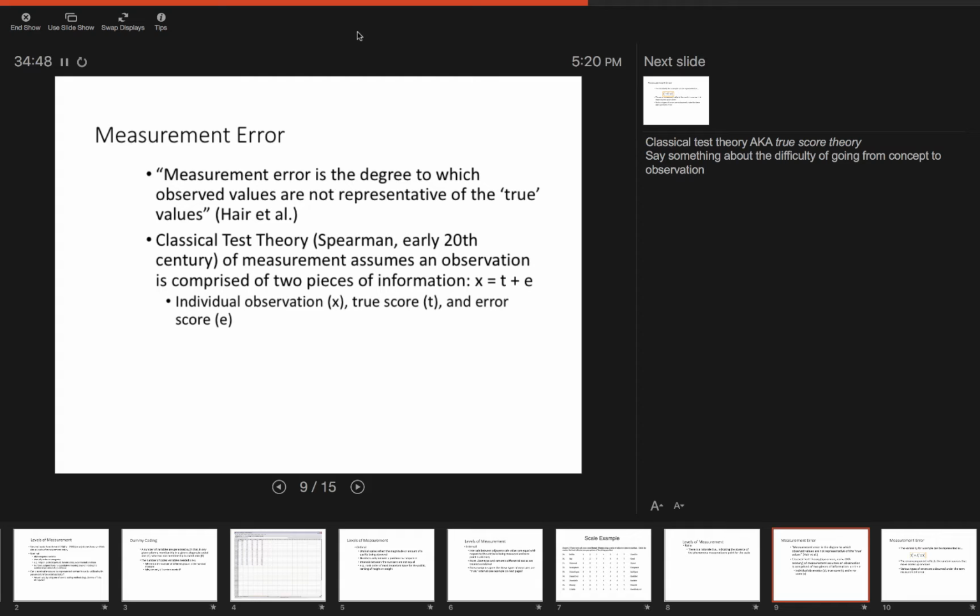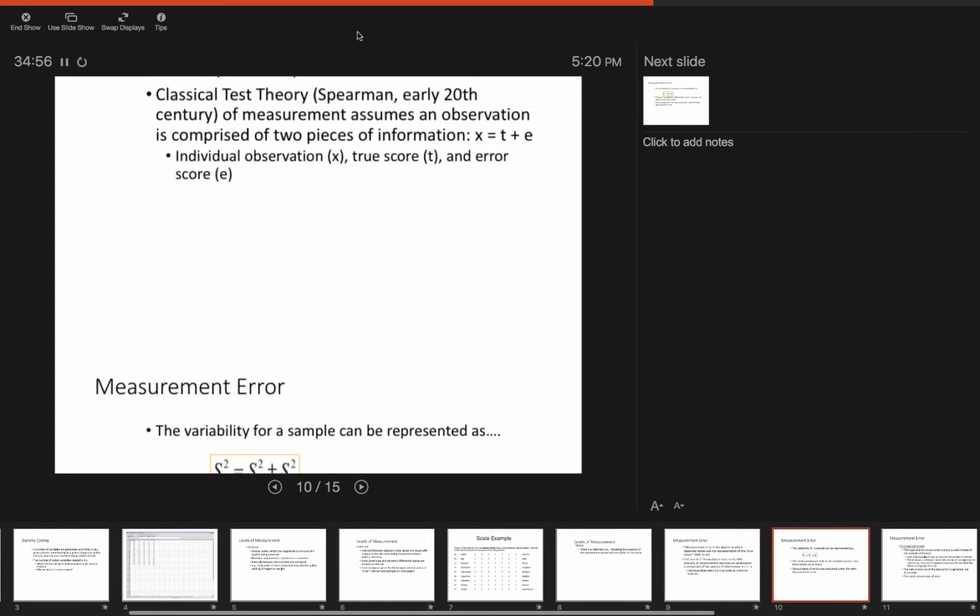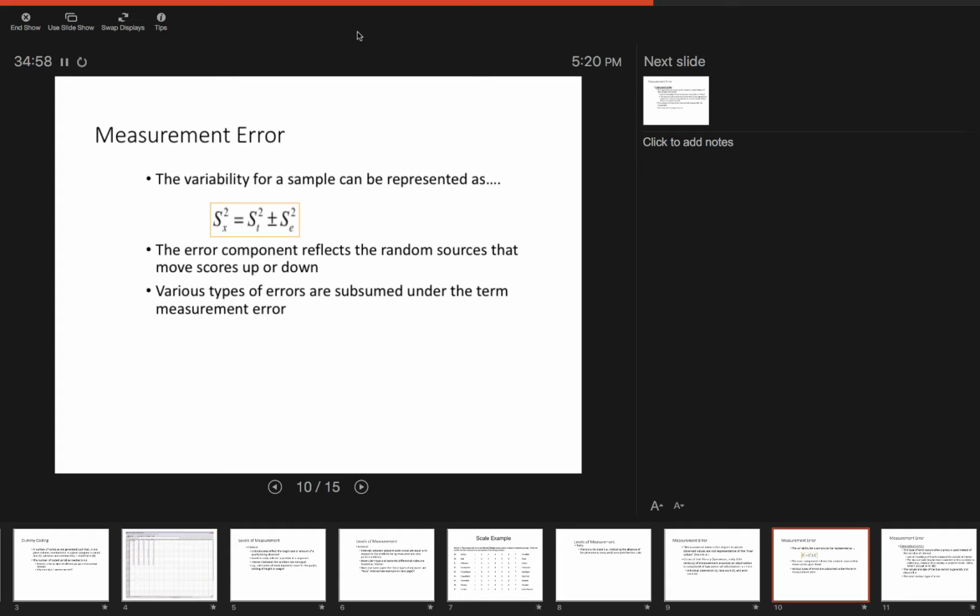It would be error that might be systematic in a way that's problematic. So, I think I probably beat that idea to death.